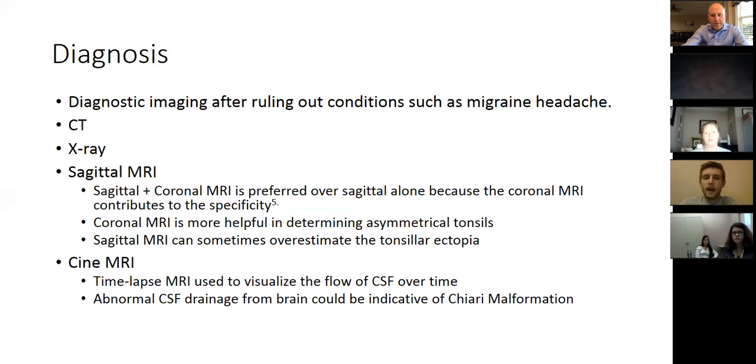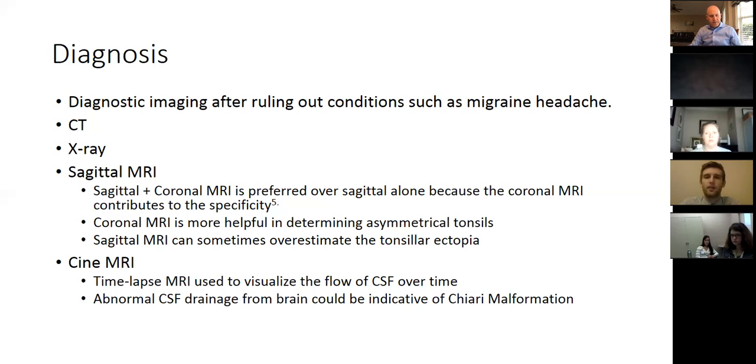So MRI, especially MRI with contrast, is definitely what most practitioners will try to order if they suspect this in someone. They actually recommend sagittal and coronal MRI because the sagittal will help show you if it's there or not, and the coronal MRI can help you see how far down those cerebellar tonsils extend.